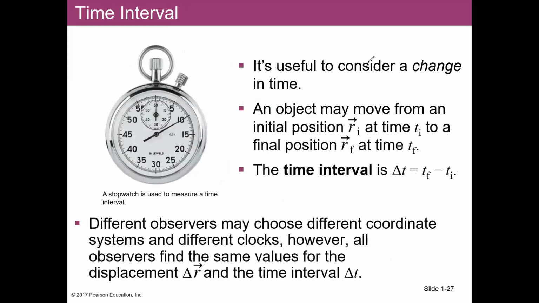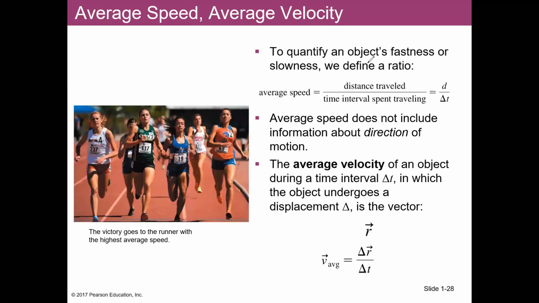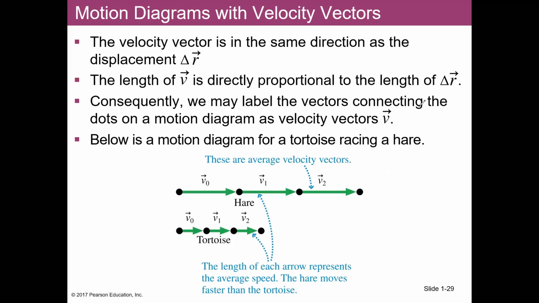Okay, and so another quick review, time interval. Nothing much to say here, everyone's going to agree on the same time interval in seconds. And then we define velocity from displacement and the time interval, right? And so we add velocity.